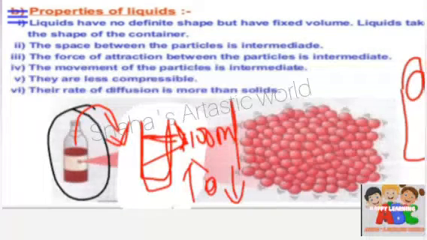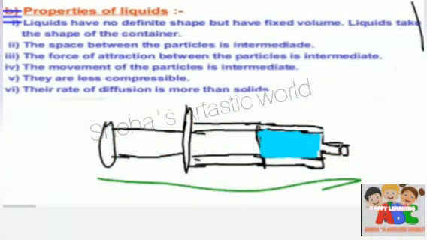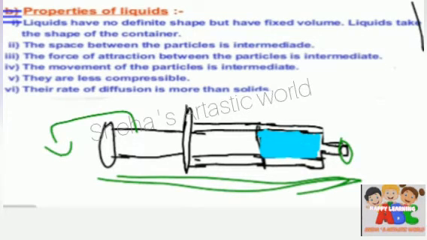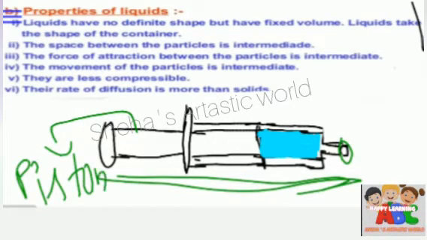The next one is that they are less compressible. For example, take a syringe. The syringe is like this. It doesn't look like a syringe, but no problem. Close the mouth, and press the piston.